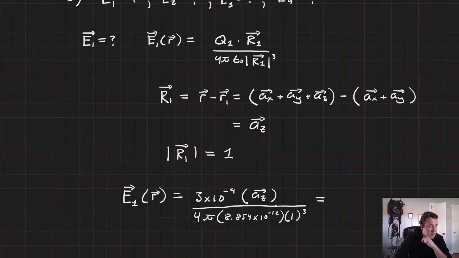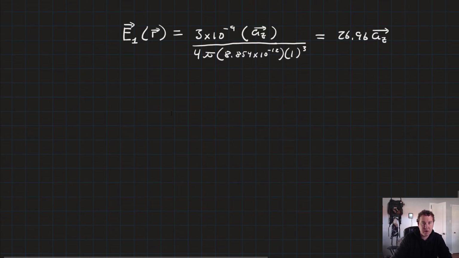And that, when we crunch it all out in the calculator, is going to get us 26.96 times the unit vector a sub z. So that's our first electric field component. Now, we just got to do the other 3.